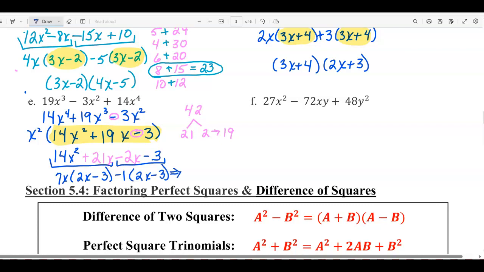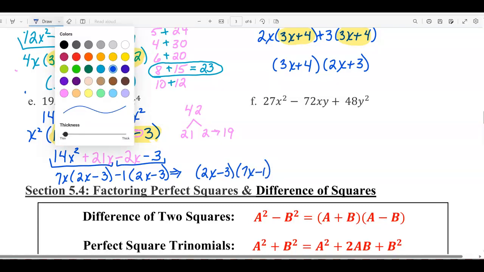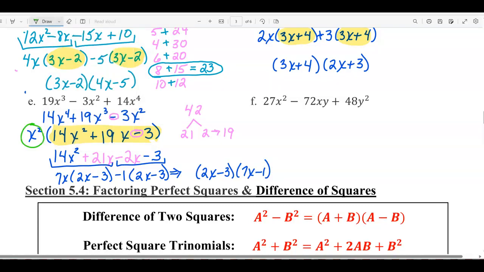And this will give us 2x minus 3 times 7x minus 1. We don't want to forget the x squared is also part of the final answer. So that GCF that we factored out in the beginning, we want to make sure we include in the final step.